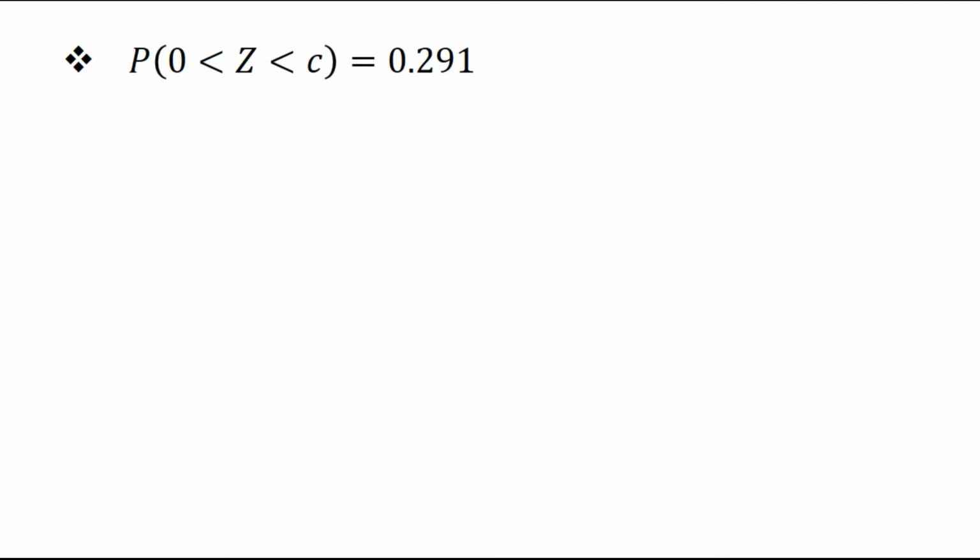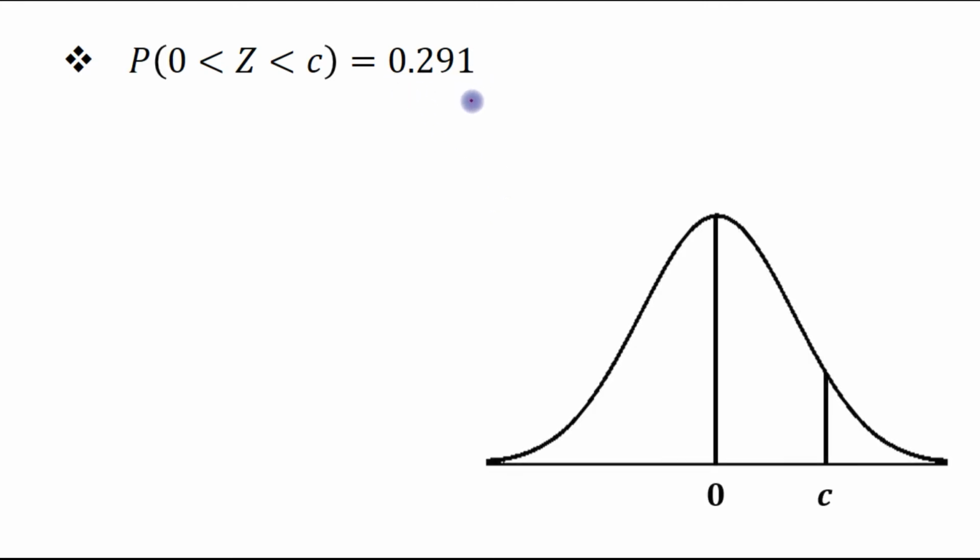Next question. In this question, we have given the area between 0 and C as 0.291. So basically we have given this area as 0.291, and we need to find this value.